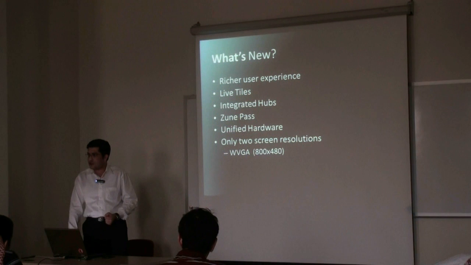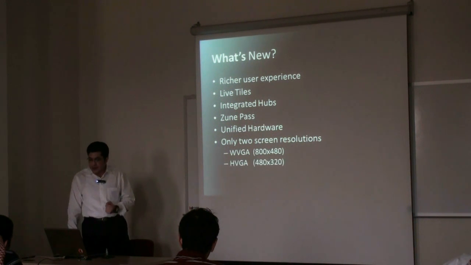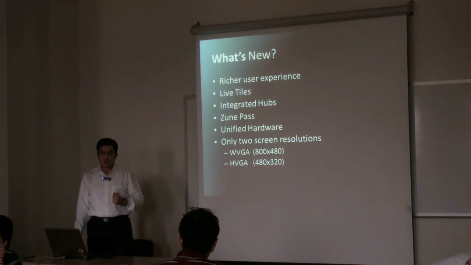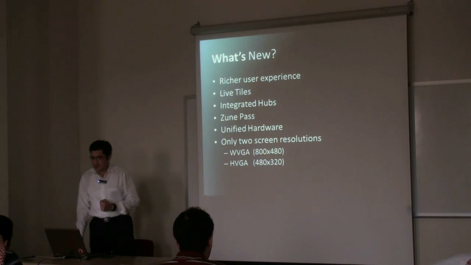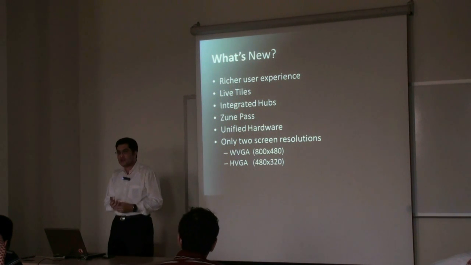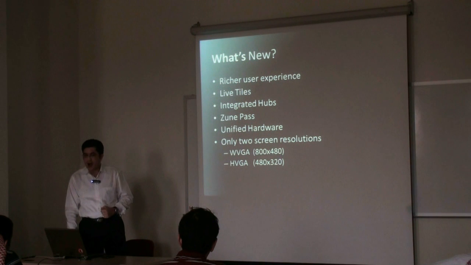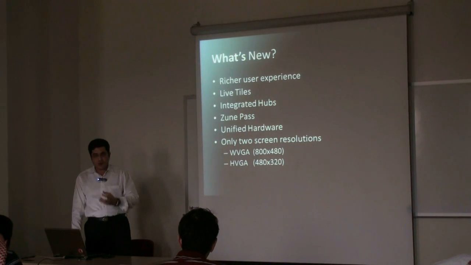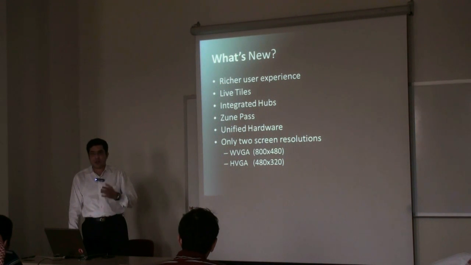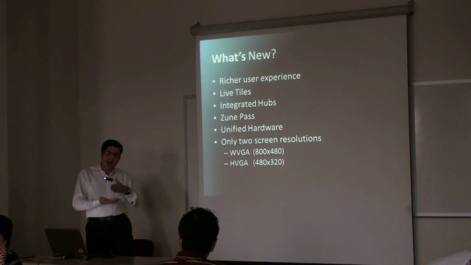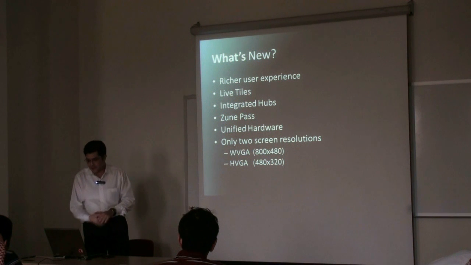You will enjoy watching videos on Windows phones. And the other one is the HVGA, which is the half VGA. The half VGA is actually 480 by 320, which is approximately half of the WVGA, which is also a good experience, but it will allow manufacturing somewhat lower cost devices.